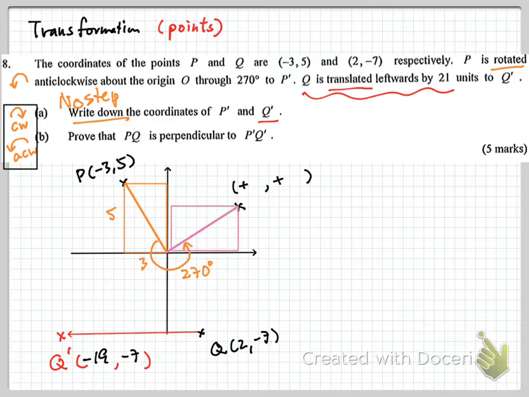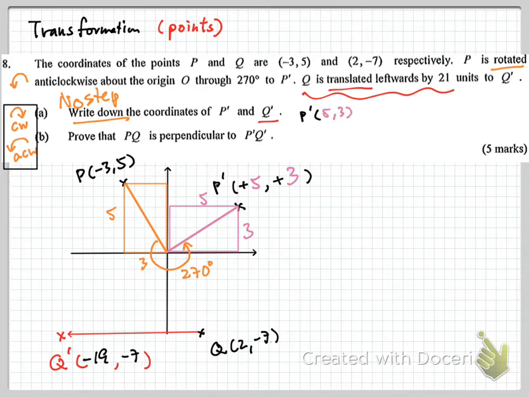So with the original scale 3 and 5, this will be 3, this will be 5, isn't it? Because the rectangle turns sideways. So the coordinates should be 5 for the x coordinate and 3 for the y coordinate. Because it is in the first quadrant, both x and y should be positive. So P prime goes to (5, 3).